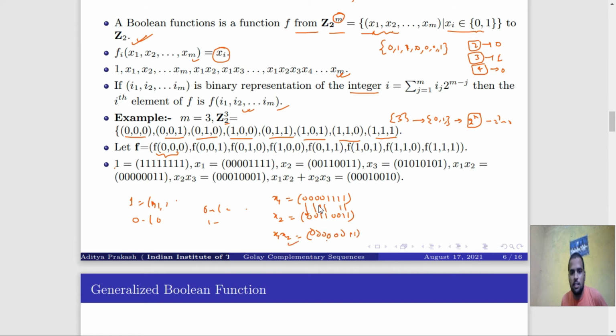Now x2x3: x3 is this, and x2 is 0 0 1 1 0 0 1 1, multiplied element by element. That gives 0 0 0 1 0 0 0 1, which we already read.